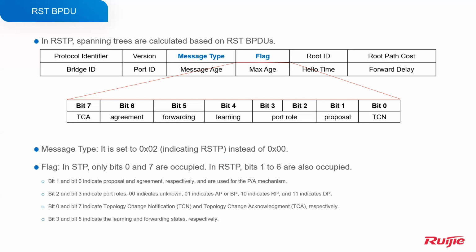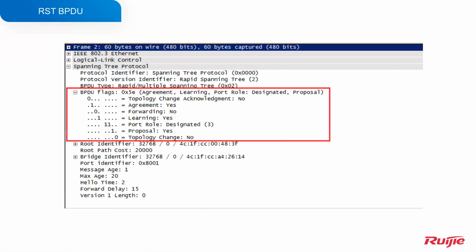Bit 4 and bit 5 indicate the learning and forwarding states, respectively. So this is the difference between the RSTP BPDU and the BPDU in STP. If you use some tools to capture the BPDU, you can see each bit of the BPDU flags, and they represent different messages.